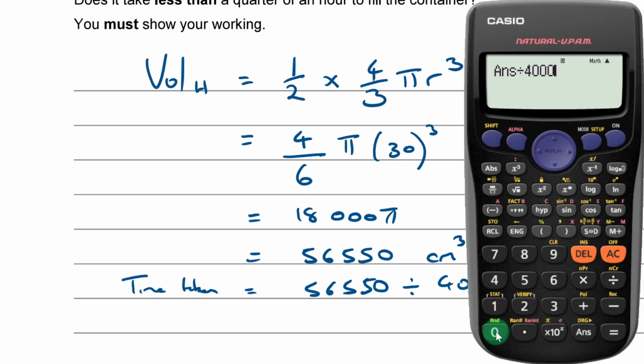Now I've written down the rounded off amount, but I'm just going to use the one that's still in my calculator. I'm going to divide that by 4,000 to retain accuracy. And I'm told now that is 14.137, which I'm going to round off to 3 significant figures, which is 14.1. So that is in what? Minutes?